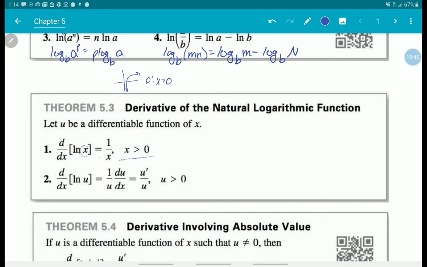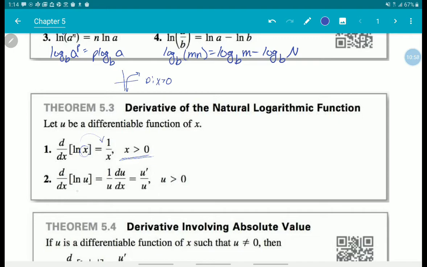So then that domain restriction from that function has to follow us to the derivative. That's why x has to be greater than 0 for the derivative. This cannot have a different domain than what the original function had.